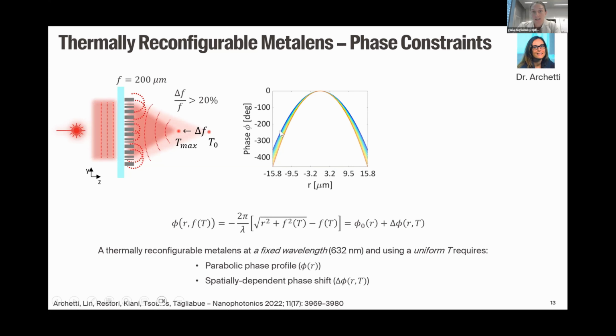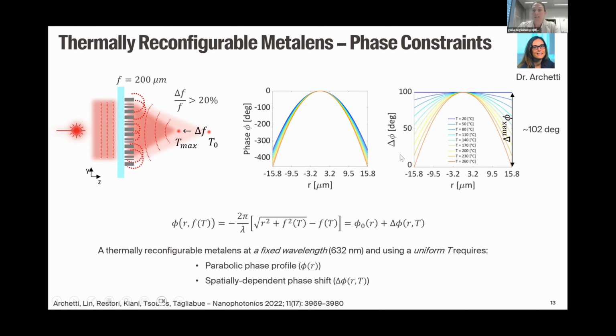However, we also see that a different meta atom at a different radial position will have to provide, in this case, a larger phase modulation. So if we plot this phase modulation as a function of the radius, we indeed see that a different position along the radius of our lens will have to respond differently to the temperature change.